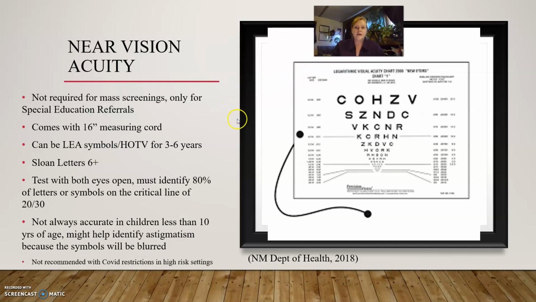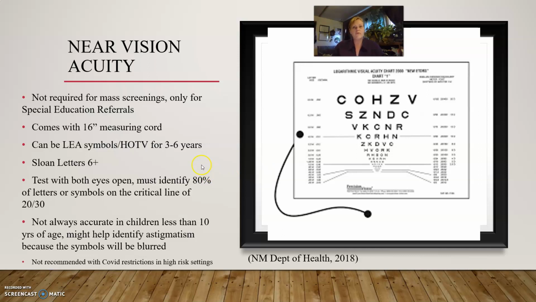Near vision acuity is not required for mass screenings, only for special education referrals. It comes with a 16-inch cord that's attached, and you put the cord next to the student's temple to keep the distance an exact 16 inches. We can use Lea symbols, HOTV, or Sloan letters, depending on their age.